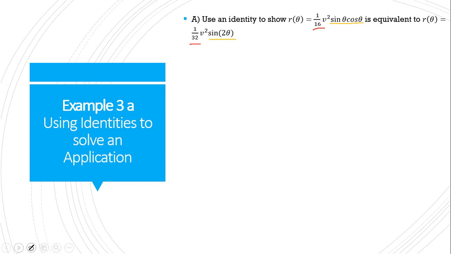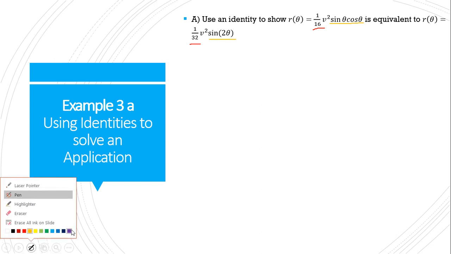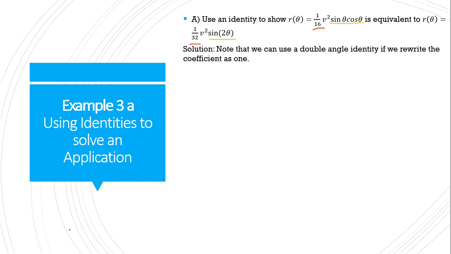So we're going to have to use a couple different pieces of information. The solution is noting that it changed to a double angle identity over here. So we're probably going to have to use a double angle identity. This coefficient is also part of a double angle, like 1 over 16 is very similar to 1 over 32, right?